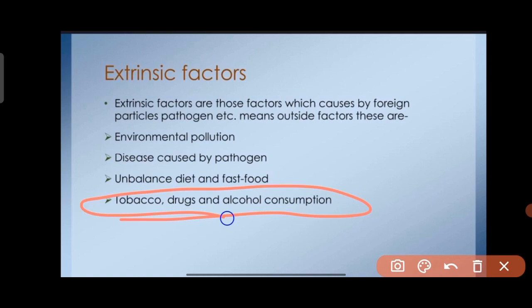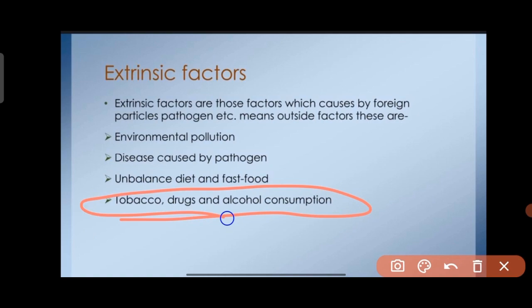Next, coming towards intrinsic factors. How is disease caused by intrinsic factors? In intrinsic factors, we'll be dealing with hormonal imbalance, allergic reactions, genetic disorders, malfunctioning of body organs, etc.